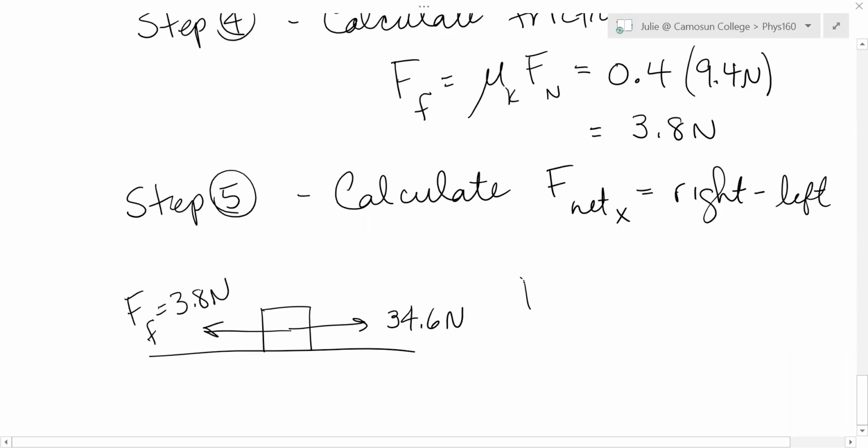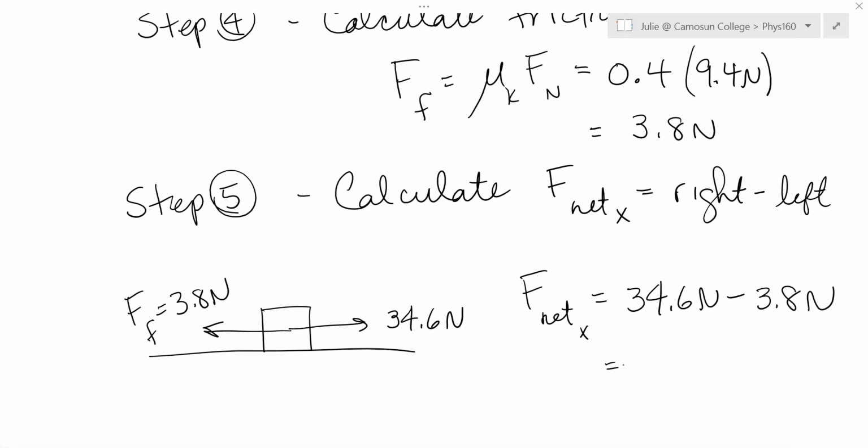And so F net X is 34.6 minus 3.8. And so that gives a net force in the X direction of 30.8 newtons. Okay, that thing would move over to the right. So I think that's probably enough for you to be able to do your next assignment.